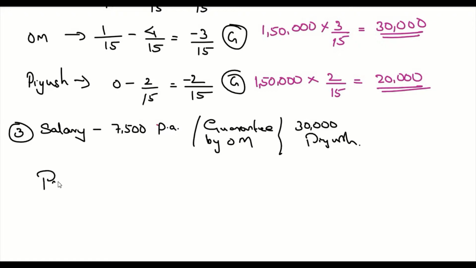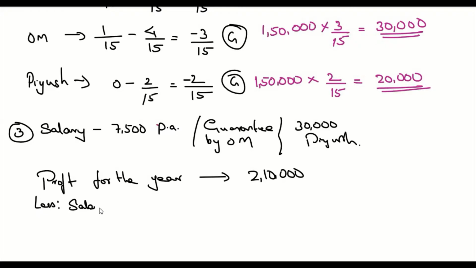Okay, now profit for the year. The question says the firm earned a profit of rupees 2,10,000. And if we minus the salary that we are going to give to Piyush, it is minus 7,500.